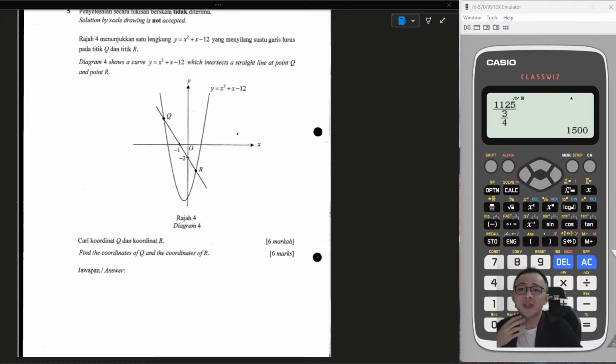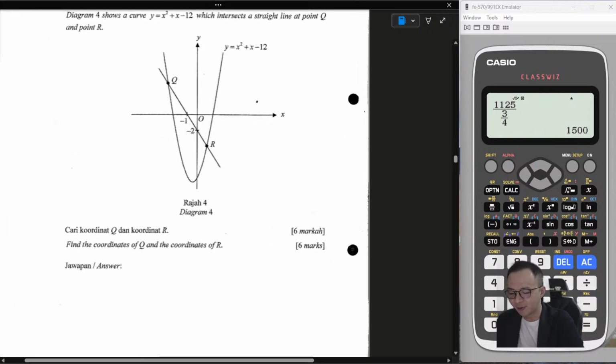Okay, for this question, what we are doing here is a quadratic equation, x squared plus x minus 12, intersecting the straight line at Q and R. They ask us to find the coordinates of Q and R. So here you need to find the equation of QR first.